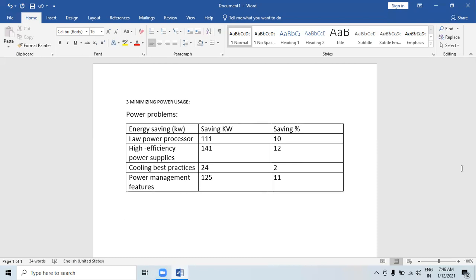For your own organization, you can compute the saving by plugging in how much your IT department spends and doing a rough estimate with the numbers in this table. Then monitoring power use.